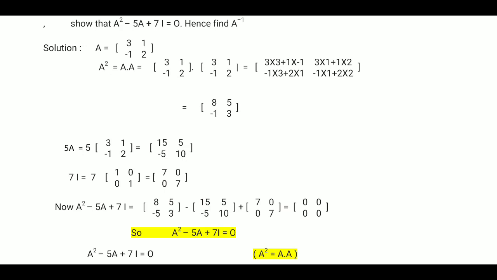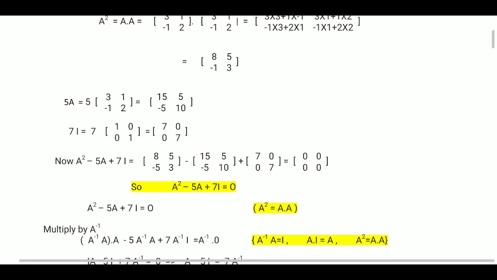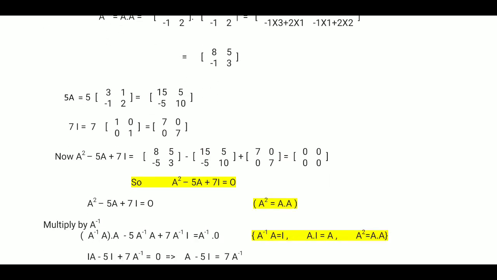So thus we see that every element of the resulting matrix is 0. So we have A square minus 5A plus 7I is equal to the 0 matrix, null matrix.